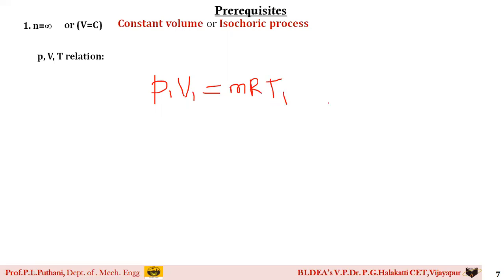This is the general gas equation, and if I write it with respect to 2 state points, I write it in this fashion: P1 V1 by T1 is equal to P2 V2 by T2.